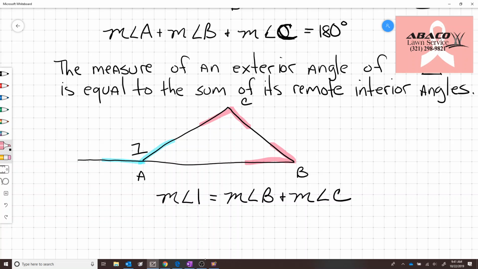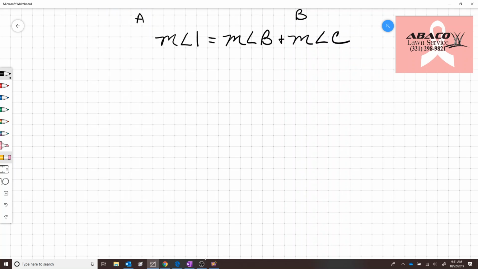All right, so let's use these rules to solve some triangle problems. We'll start with a drawing at the top of page 250. I'm doing number 2 if you want to look in the book to draw that picture. And it looks something like this.